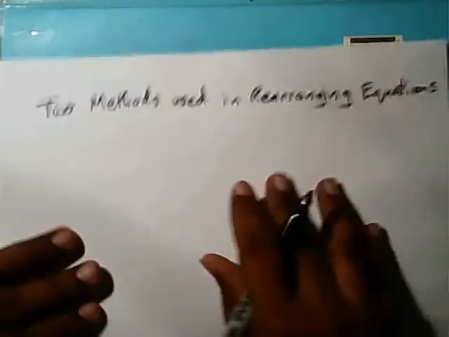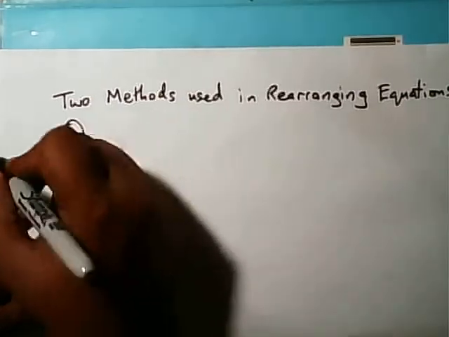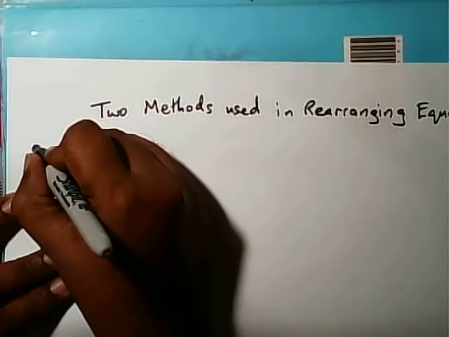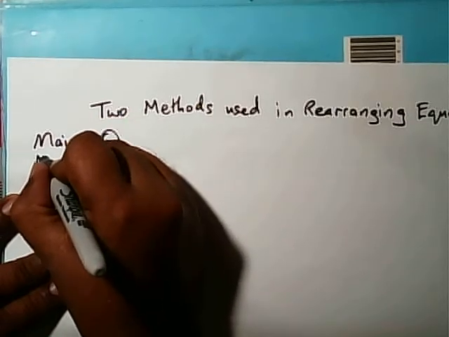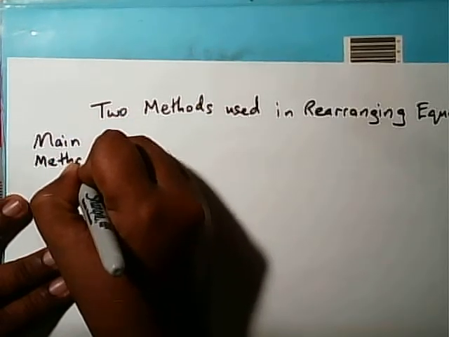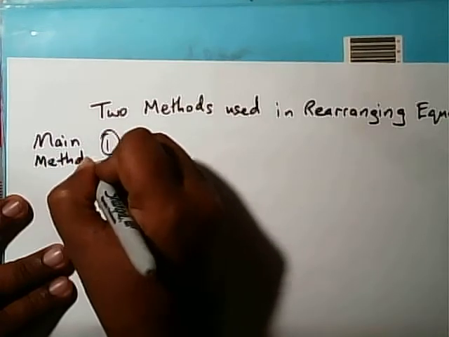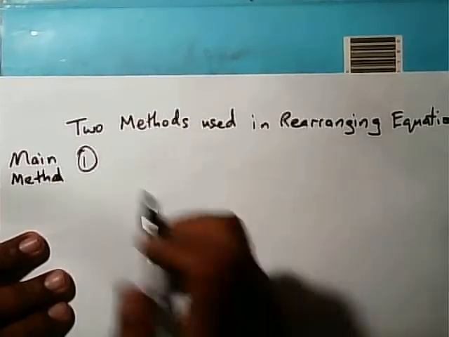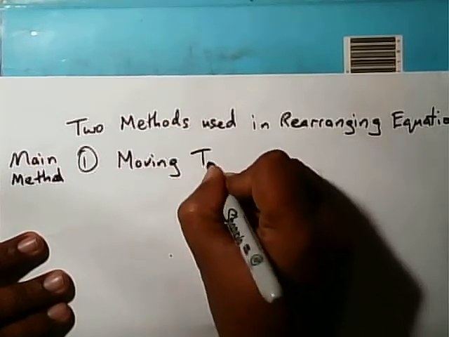The first method is our main method, the main choice, called moving terms.